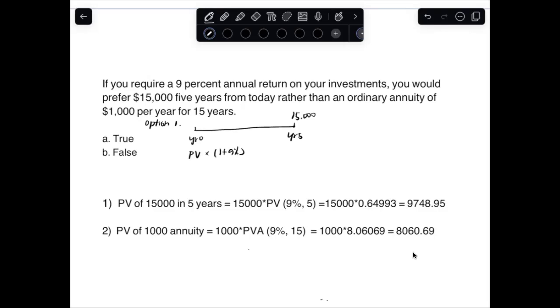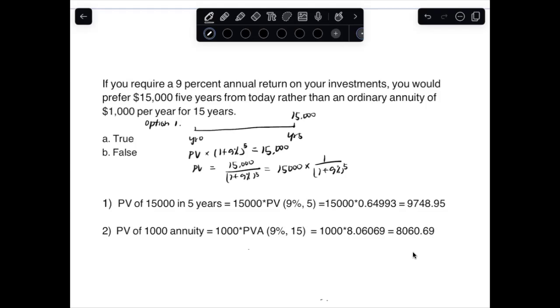In 5 years, it's to the power of 5, and that equals 15,000. So what's the PV for today? What's the present value? You use the 15,000 to discount at the return, so that equals 15,000 divided by 1 plus 9% to the power of 5.